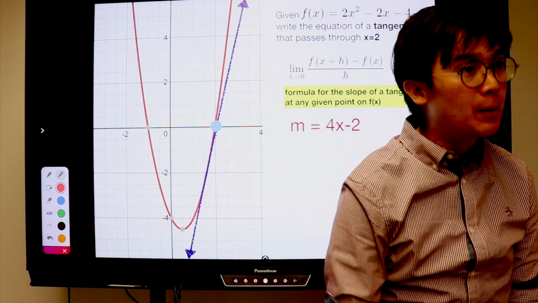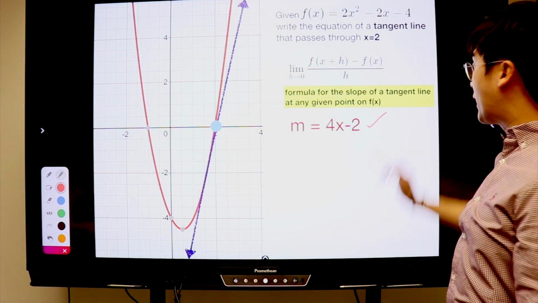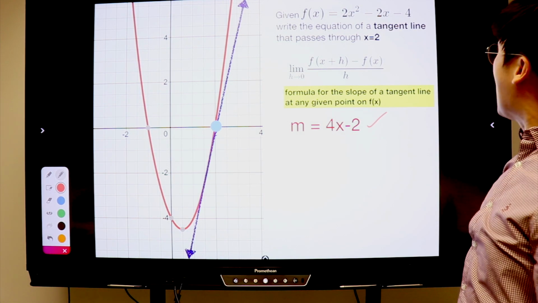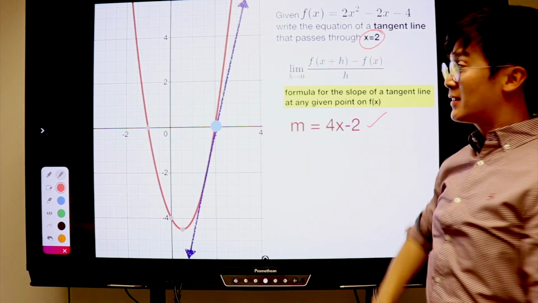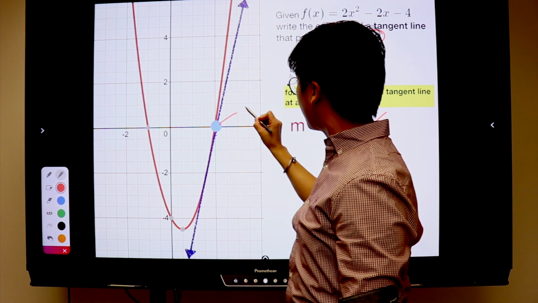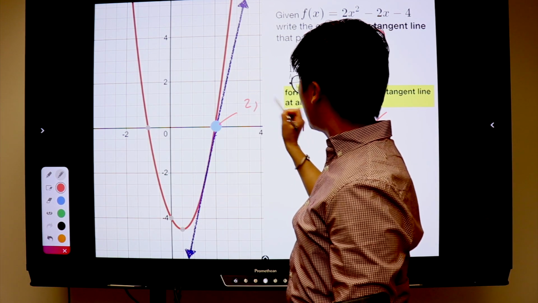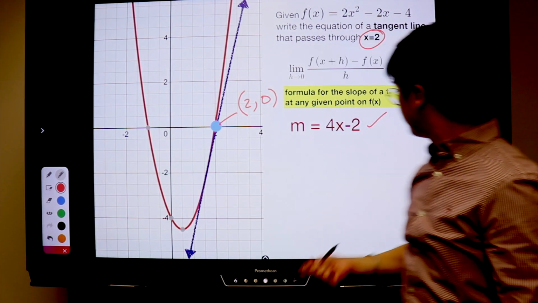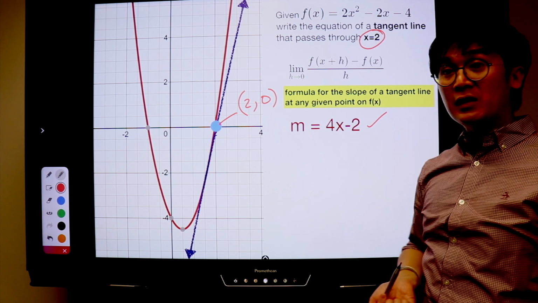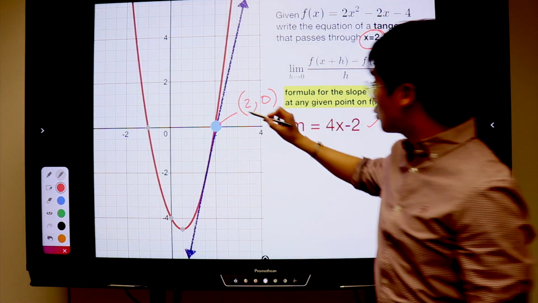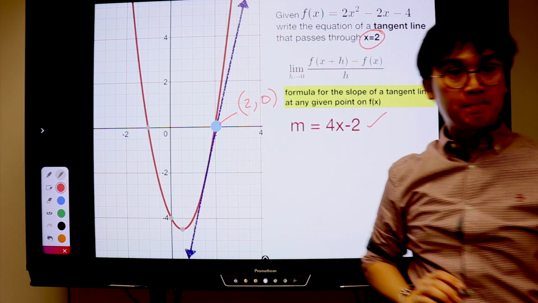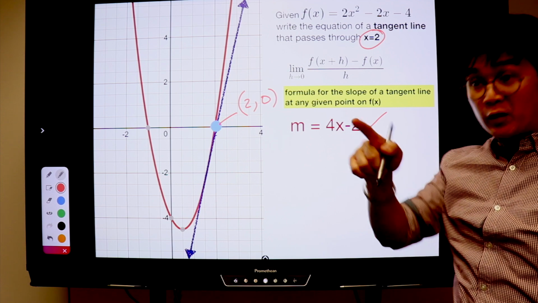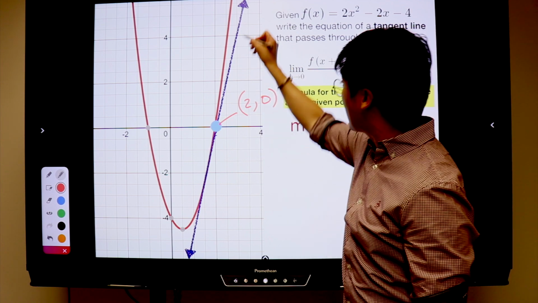And complete the problem. Now that we have the equation of the slope, now that we have the point x equal to 2, what is this point right here? If x is equal to 2, what is y? 0. So we have a point, we have the equation of the slope, but do we have the actual slope of the line? No, not yet. So how are we going to find the actual slope of the line?